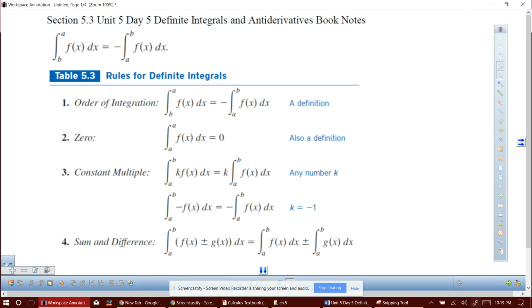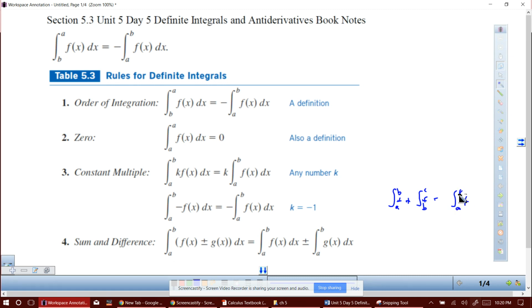The one I left off that is on your sheet tells you that if you have an integral from A to B, plus, and I'm being a little bit lazy, an integral from B to C of the same function, we'll call it f, then I really can do the integral from A to C of f.